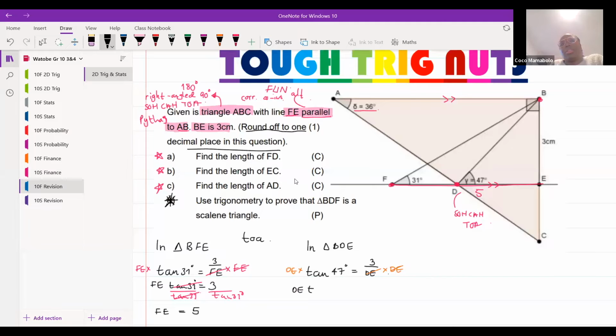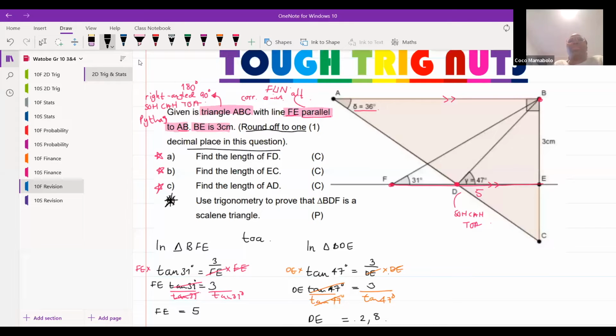Then we divide both sides by tan 47. So DE is equal to 3 over tan 47. Okay, so can we say 2.8? 2.8, correct. So DE is equal to 2.8.